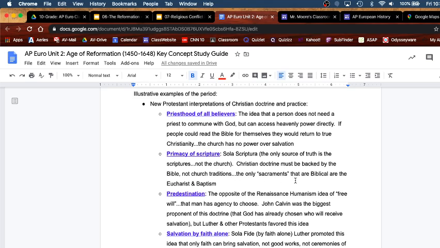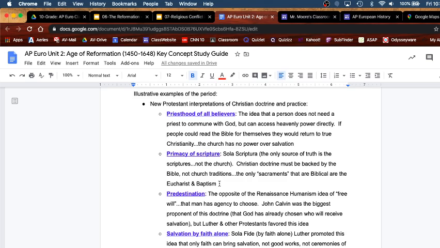The only sacraments that are biblical are the Eucharist and baptism. Sometimes people call it the sacrament or the Lord's Supper. It's bread and wine generally, or in modern times some people use bread and water. They take that in remembrance of Jesus' body and blood, and of course baptism.